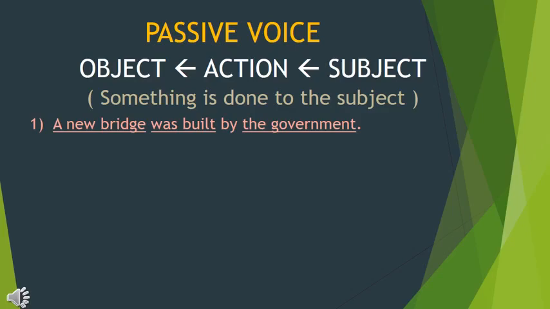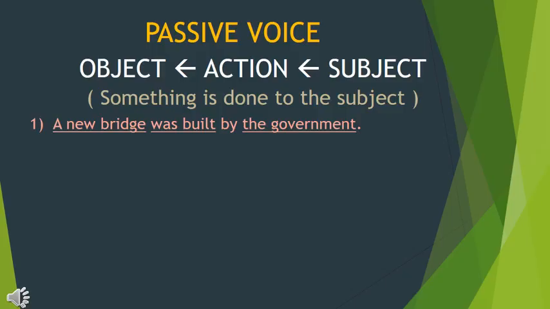Now see the sentence. A new bridge was built by the government. In active voice, we saw the sentence as the government built a new bridge. The government was a subject, built was a verb, and a new bridge was an object.